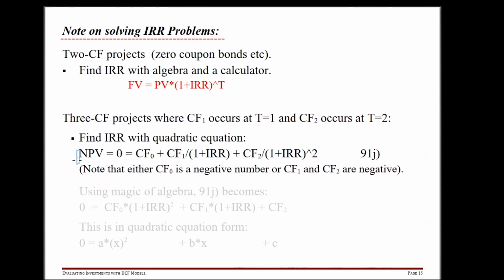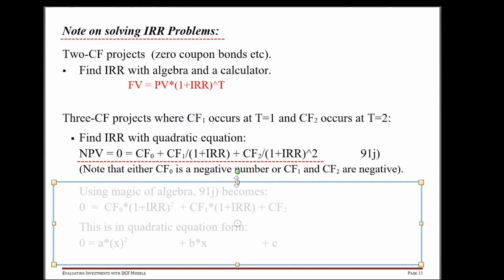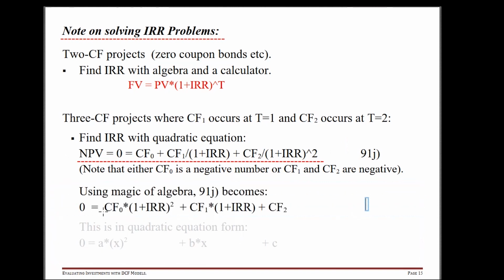So for a 3 cash flow project where the cash flows happen at integer times, like end of year 1, end of year 2, not end of year 1.5 or time 2.7, we get an equation that looks like this, and we can multiply both sides by (1 plus IRR) squared. That gives us an equation that looks like this. Hopefully all of us recognize this as something we were tortured with in high school or grammar school, depending on your education.